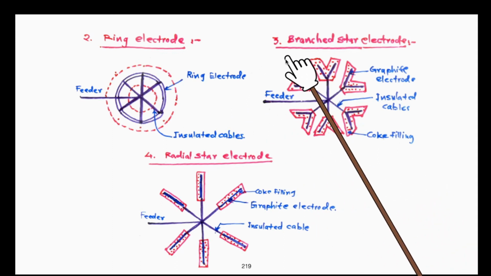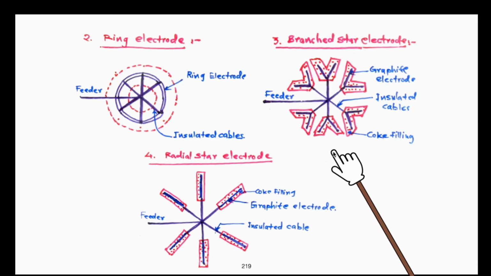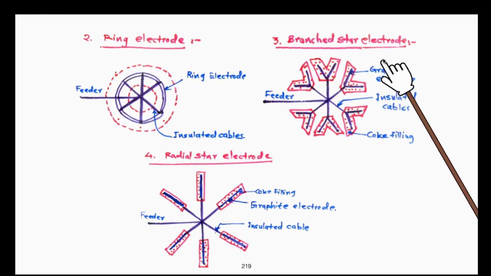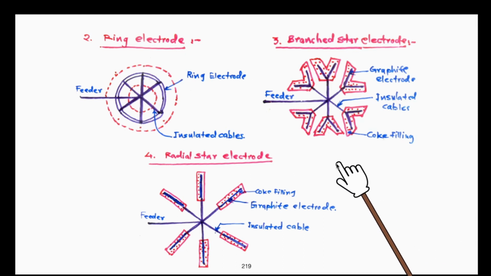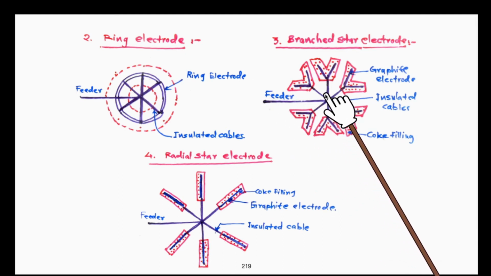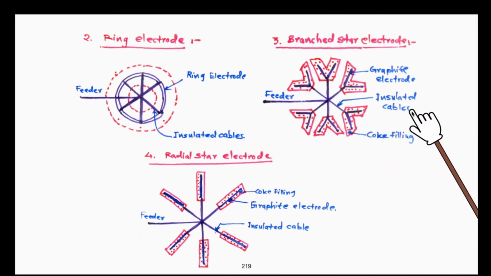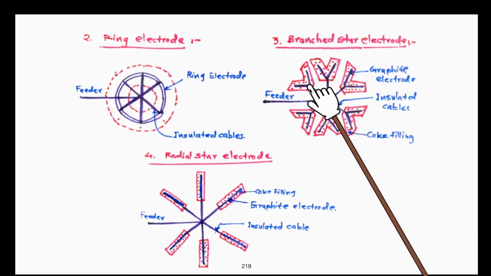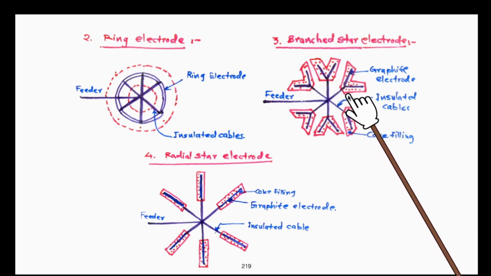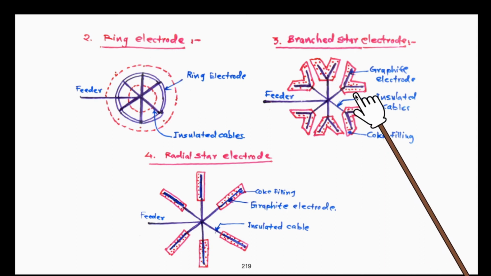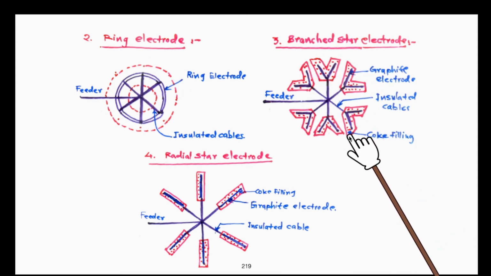Second, this diagram on this particular slide is a branch star electrode. Branch star electrode, again we can see this is a feeder, and then the feeder has got several sub feeders. Okay, so it is in the form of insulated cables. And graphite electrodes, here they are very much like the straight electrodes, right, but distributed in the form of a branch star.